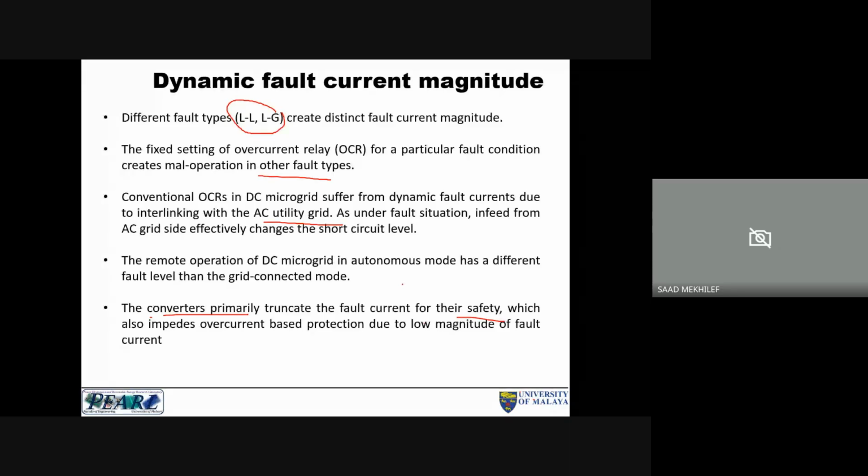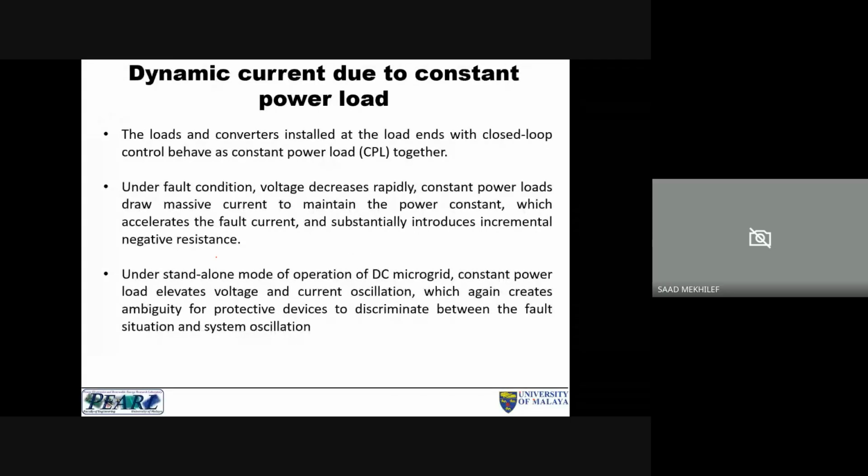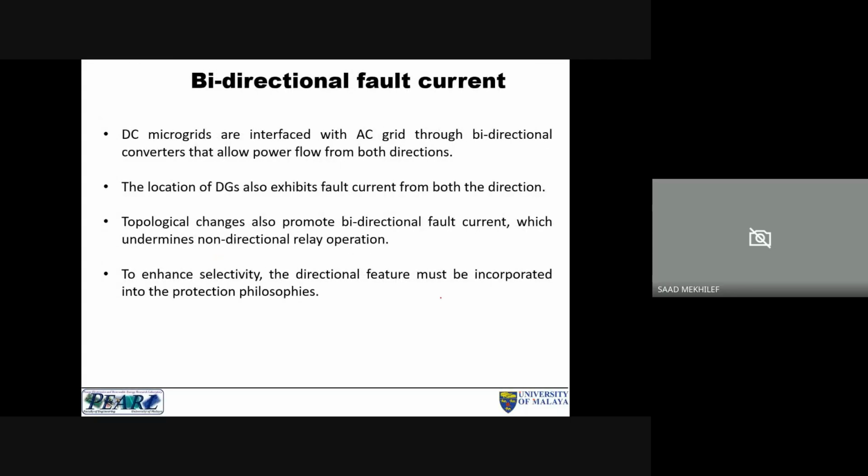In terms of bidirectional fault current, DC microgrids are interfaced, or connected, to the AC grid through a bidirectional converter. This is the issue here: when you have a DC microgrid and an AC grid, in between there is a bidirectional converter that allows power to flow in both directions.